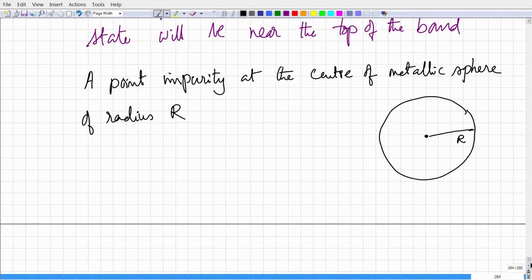That is, the conduction electrons are getting scattered by the impurity, and I want to see what happens to the charge density because of the scattering.